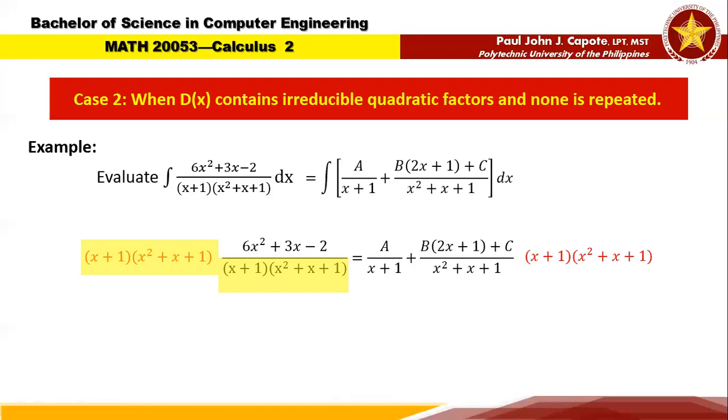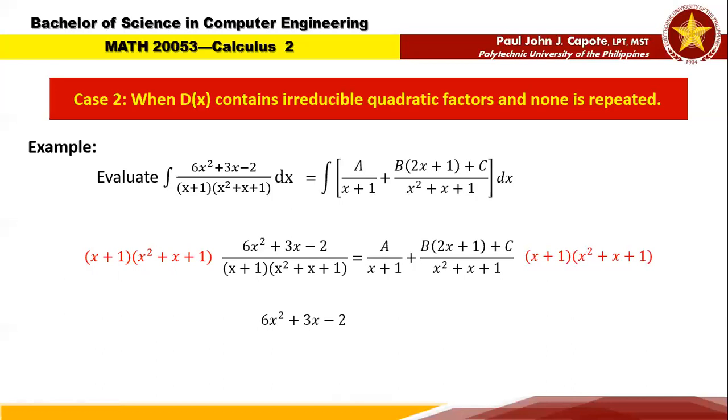Okay, so let's start with evaluating the expression on the left-hand side of the equation. We will eliminate the factors x plus 1 and x squared plus x plus 1. So what remains, we have 6x squared plus 3x minus 2. Now let us evaluate the right-hand side.